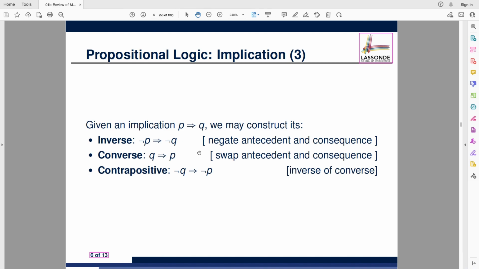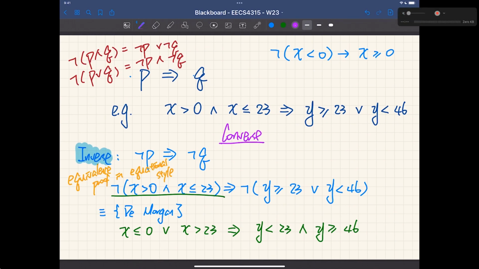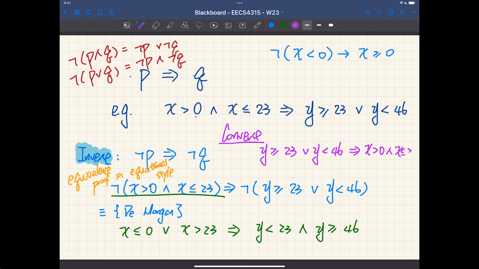You just switch the two. So it's going to be y larger than or equal to 23, or y less than 46, implies what used to be the antecedent, x larger than 0 and x less than or equal to 23. Converse.